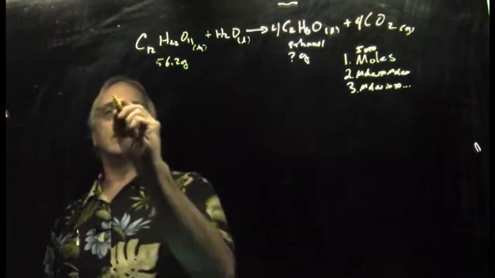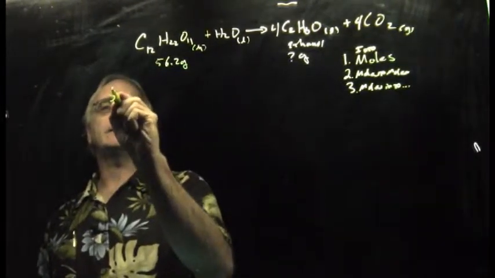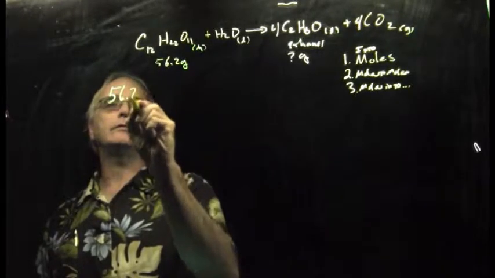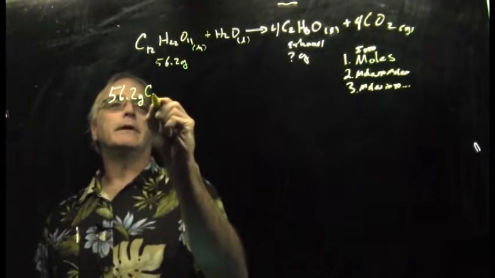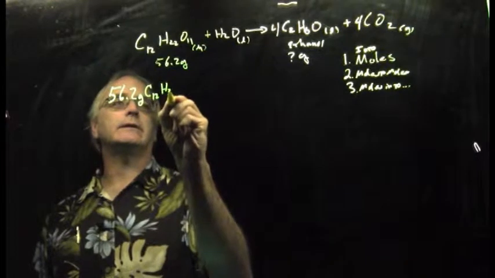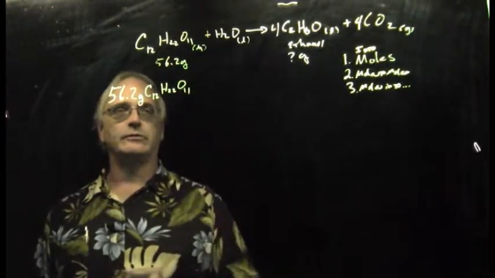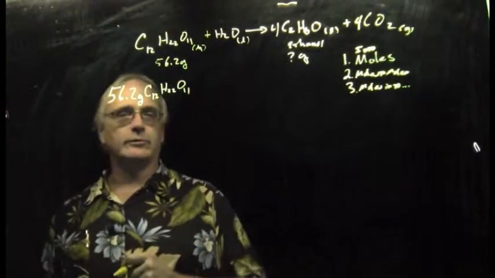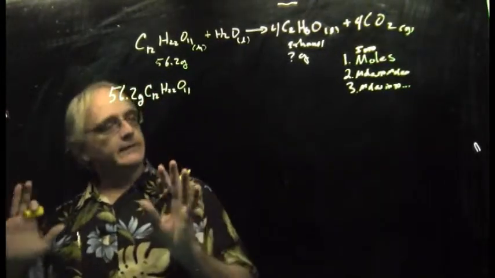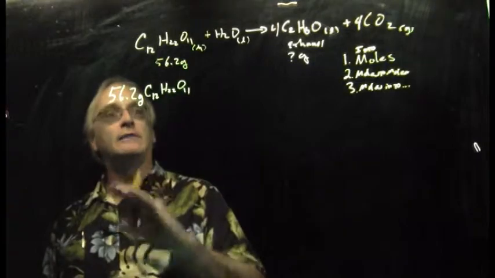For this particular problem here, 56.2 grams. Now, you see it in class, you see it here. Whenever I do these, I'm not just going to write down 56.2 grams. A lot of students will just simply write that down. That's nice, but it's grams of something.